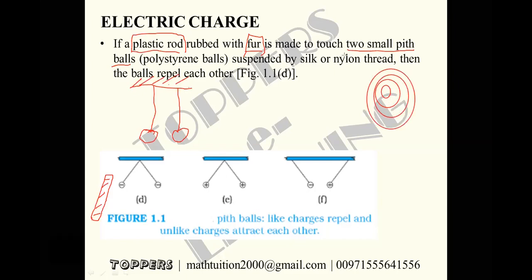Inside the nucleus we have proton and neutron. Proton is positively charged. Neutron is neutral, no charge. And around in different orbitals, electrons are running and moving here and there, right?